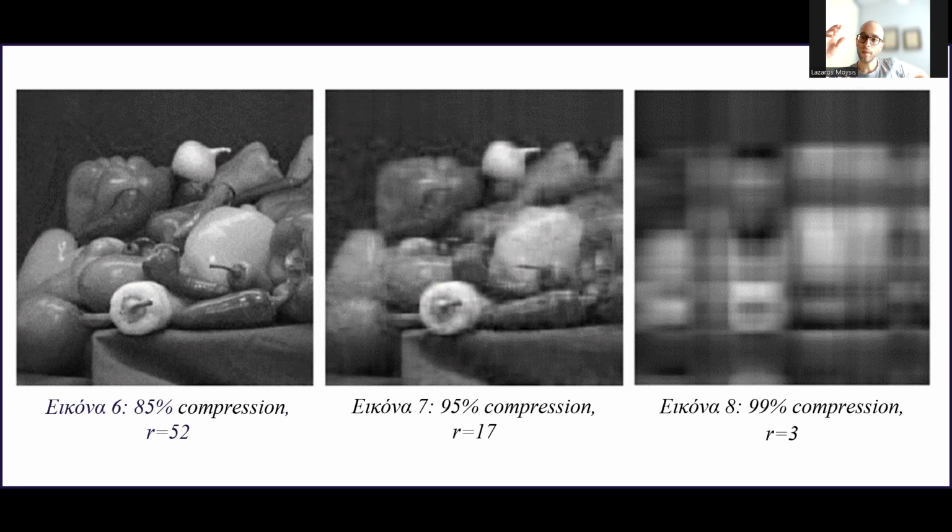So in this very simple way, you can apply a technique from linear algebra, and I would say a relatively elementary technique, which is the singular value decomposition, to do something like image compression. And of course, this is just one of the many things that you can do.